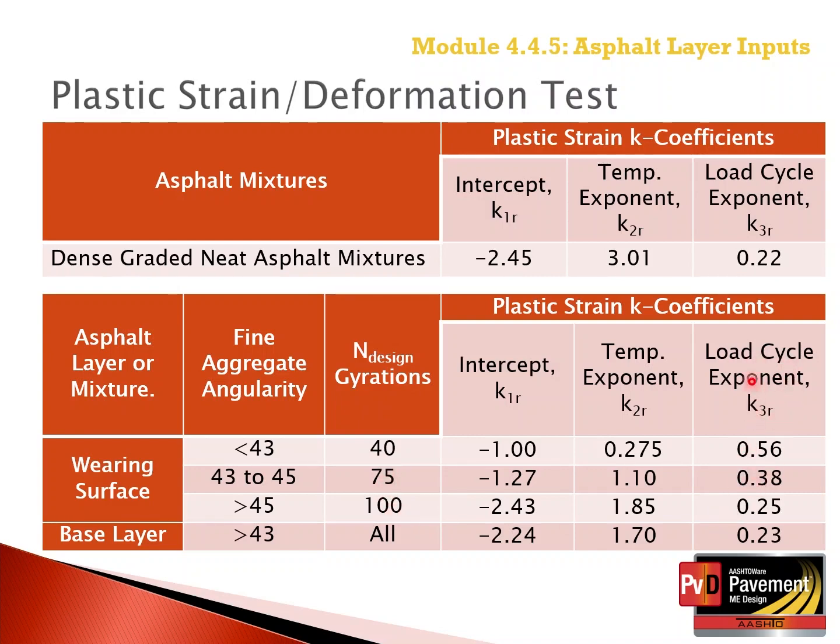And then the load cycle exponent, or K3 term, was also found to be a function of the fine aggregate angularity and the number of design gyrations for the wearing surface mixes, but a constant value was derived or exhibited for all asphalt base layers within that agency.